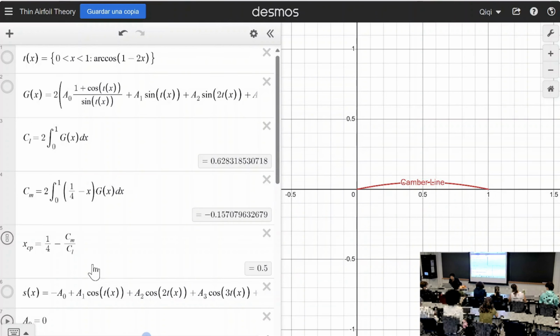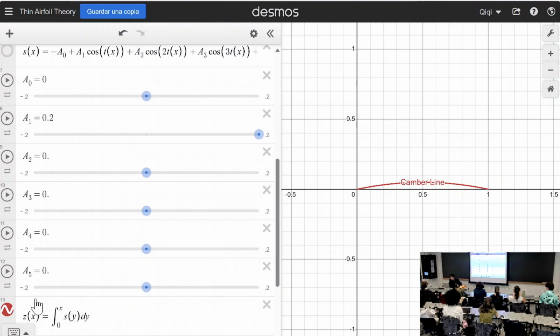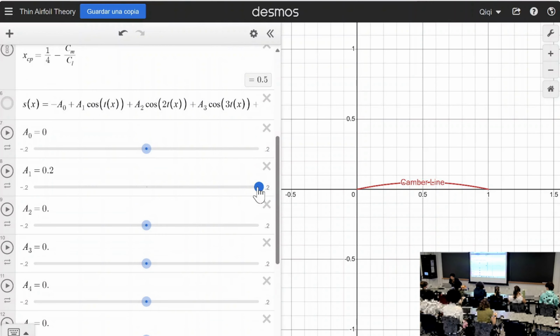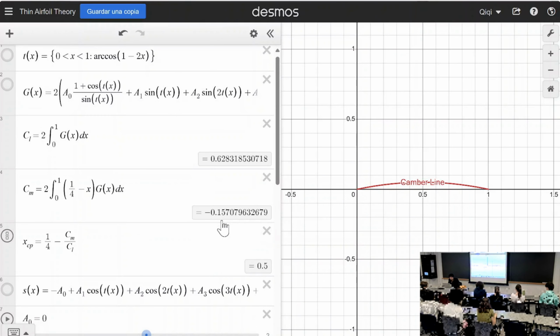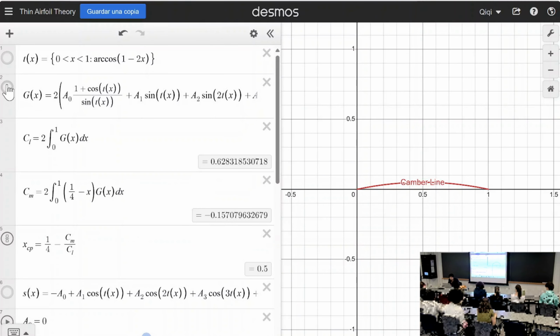If you plug this cosine into the cosine, of course you get a linear function. But remember the camber z is the integral of that linear function, so you get a parabola over here. This is basically the second question in your homework, a parabolic camber. And let's look at what the resulting circulation is.